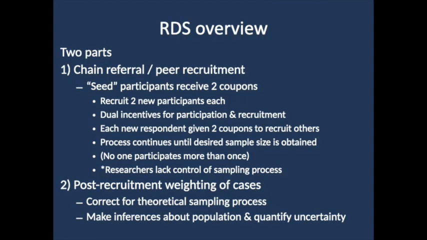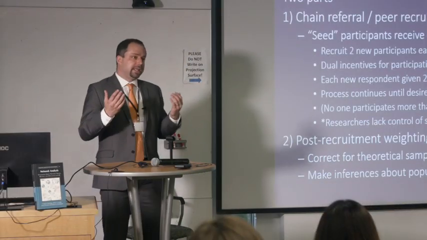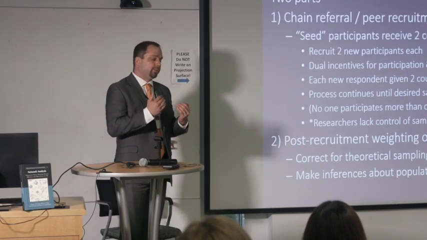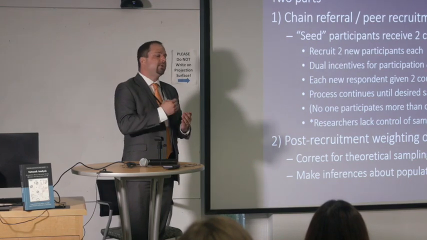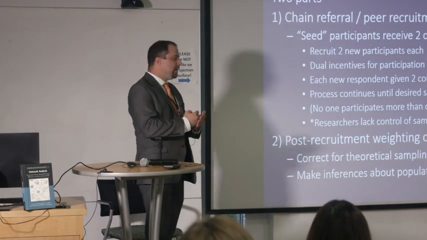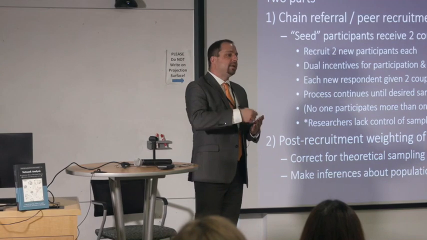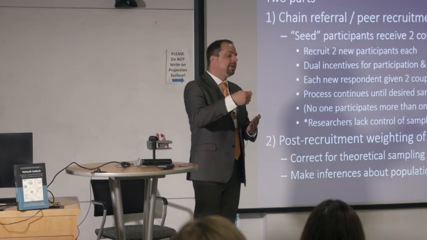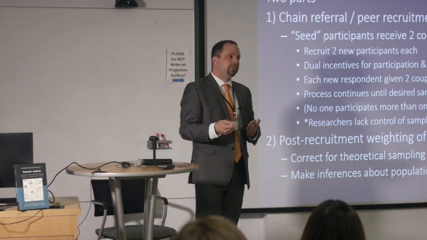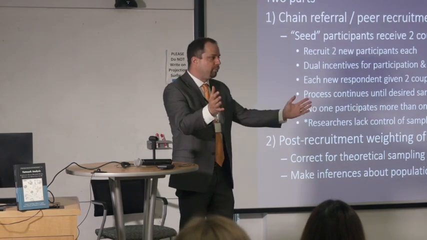So I said Doug Heckathorn came up with an approach to make snowball sampling palatable, to be able to create generalizability to the overall network. The key insight that he had is this twofold procedure. The first is to change the way that people refer to one another by limiting the number of coupons that individuals can give out to others, to make the chain go broad in the network.